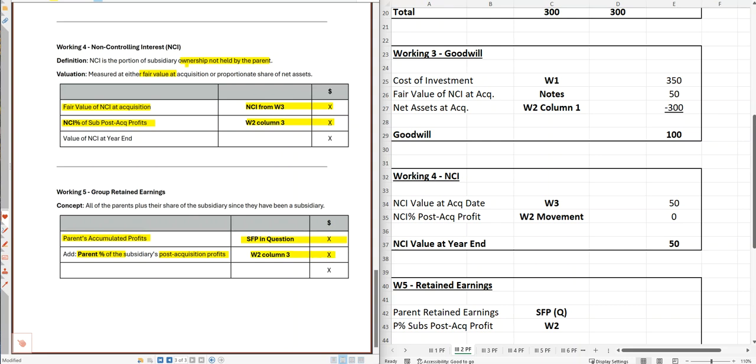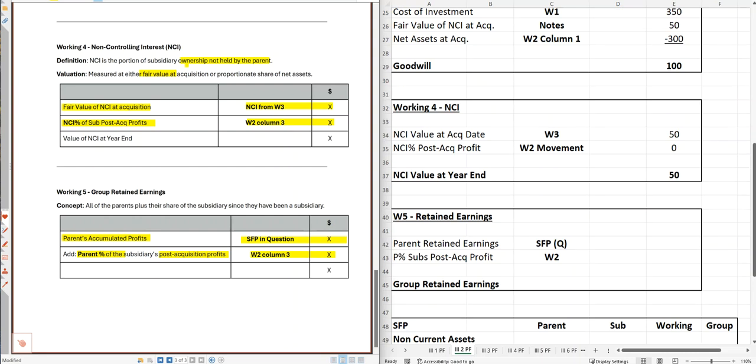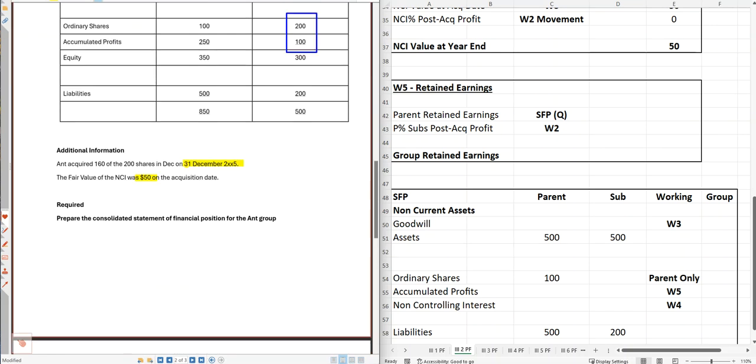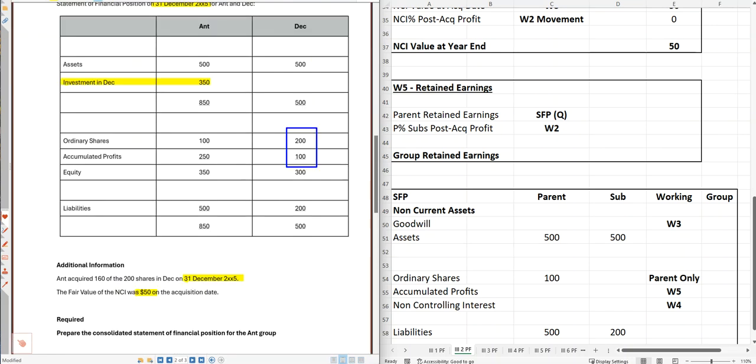So it's literally going to be the parent's accumulated profit. Let's just do that one together. That's pretty easy. We go to the statement of financial position. There is the accumulated profit for the parent, which is 250. There is no post-acquisition profit, so that means we've got 250 for the group.